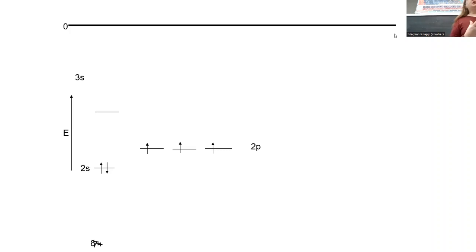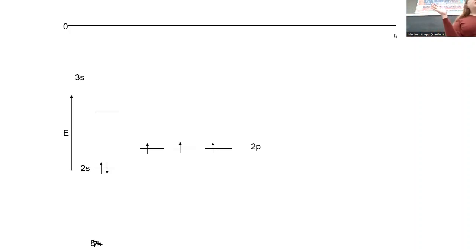The subshell is the part of that layer that has the same letter. So the shell is all of the 2 orbitals, the 2p and the 2s. The subshell is the p, okay? So the 2p subshell is half full because we have 1 electron in each orbital.